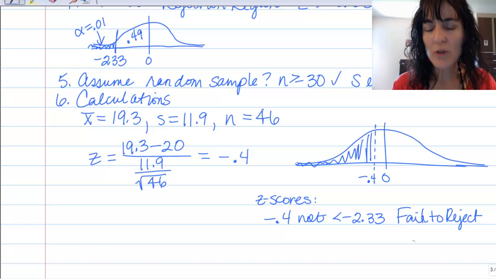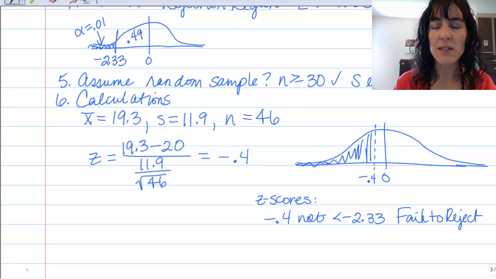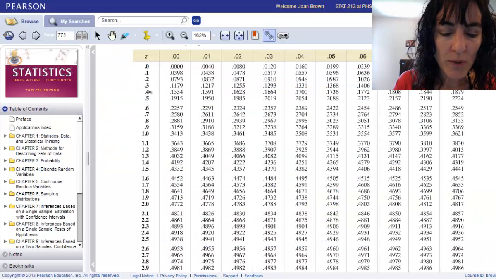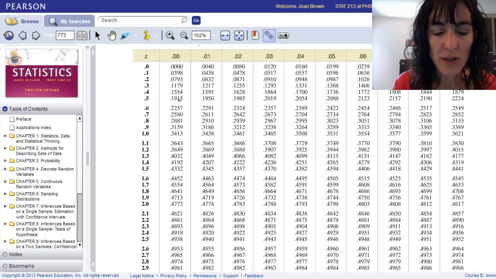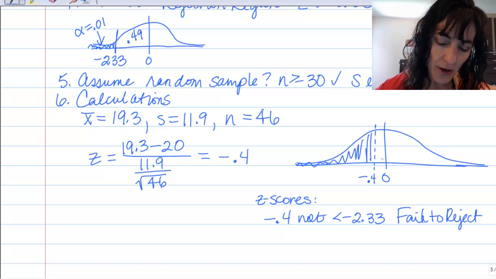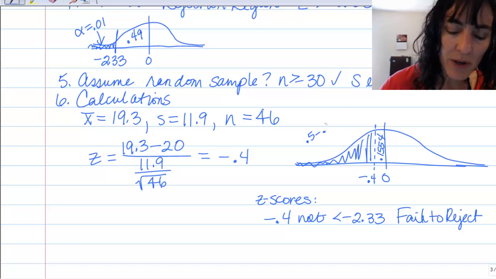Now, say you were trying to do this just using p-values, you didn't have your z-statistics, then what you would need to do, because we do need to find a p-value for this anyway, is we know this is negative 0.4, so we're going to look that up on our z-scores chart. 0.40, and it's going to give us 0.1554, and that is this area here, 0.1554, and so this big area here is going to be 0.5 minus 0.1554.